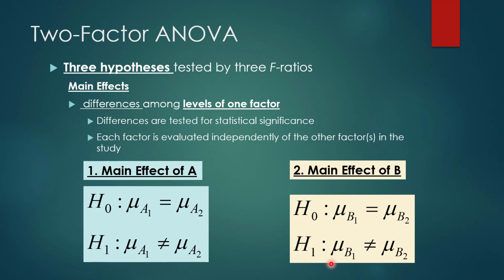The idea is that the results of one are independent of the others. And again, we get an F ratio for this main effect and an F ratio for this main effect. So here we have two distinct hypotheses with two distinct F statistics.